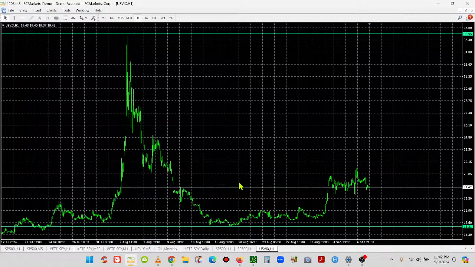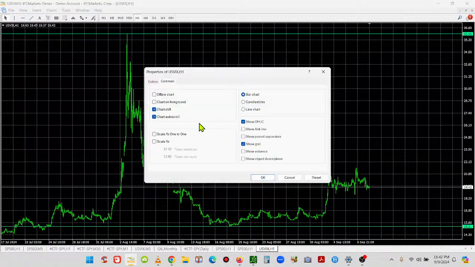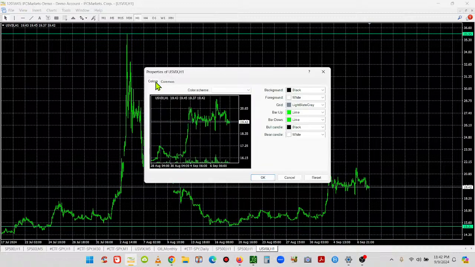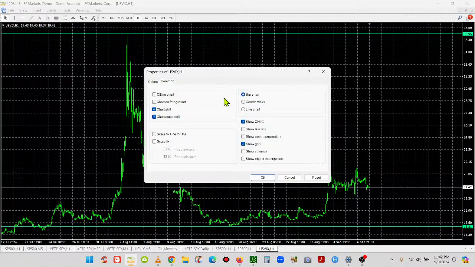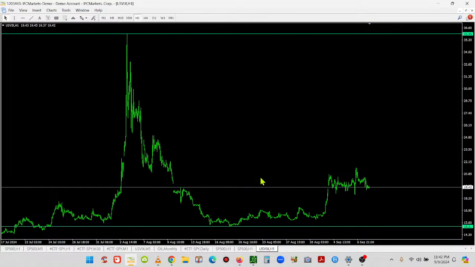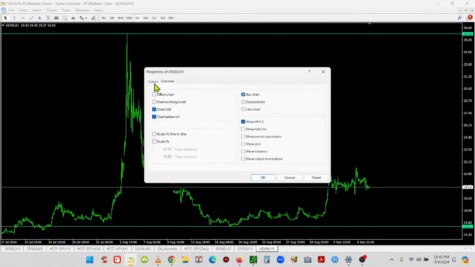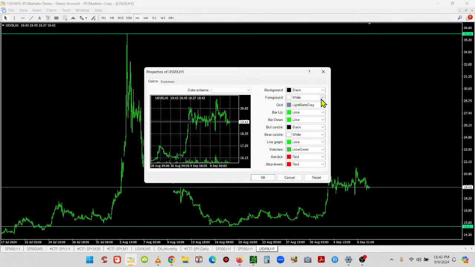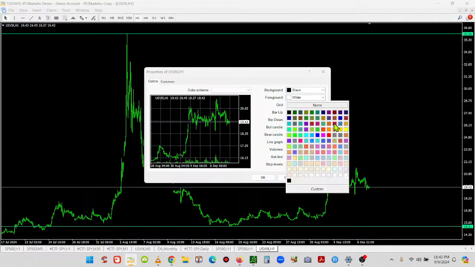So when the VIX goes up, we're going to make this red. Just red.